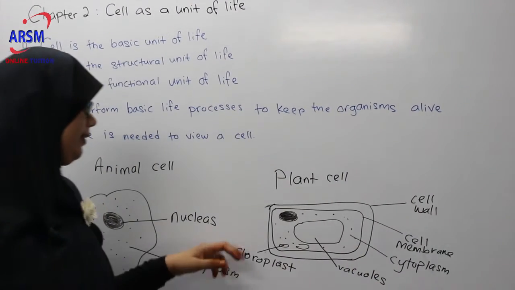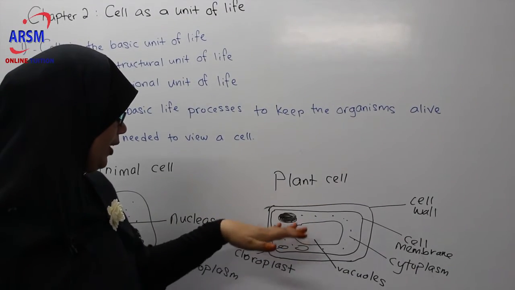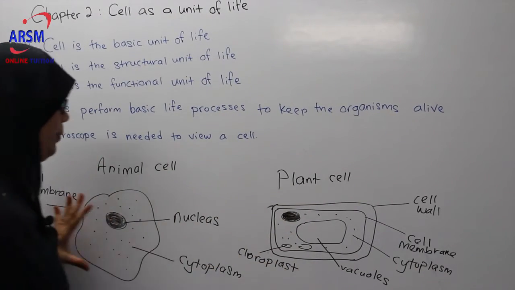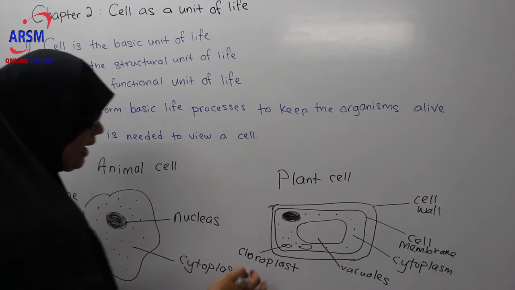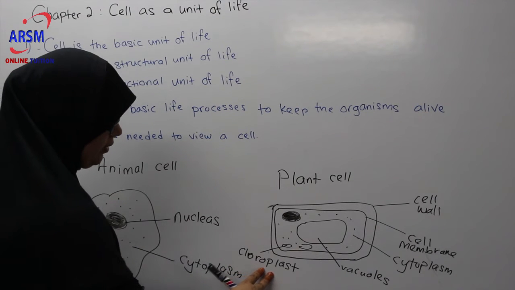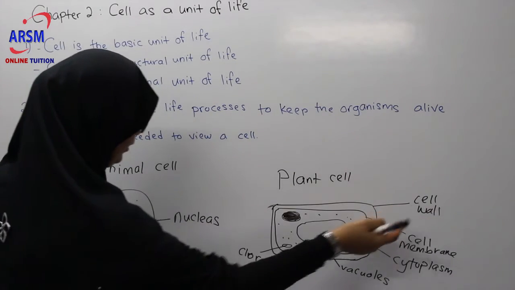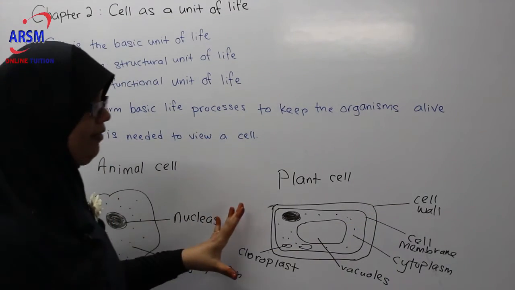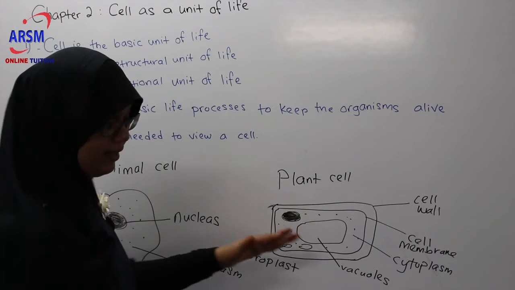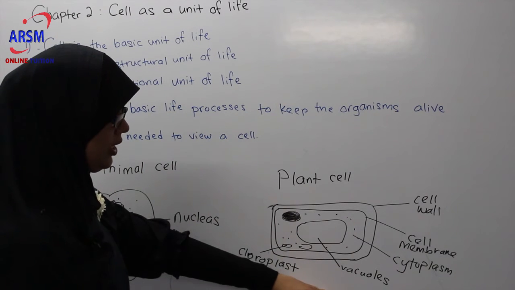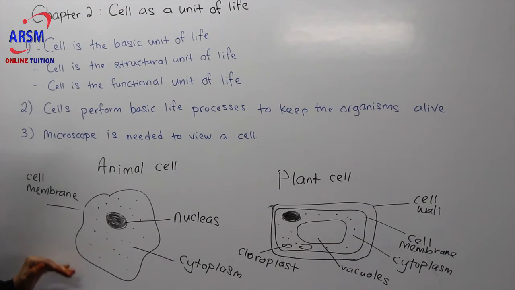These are additional components when we compare with the animal cell. The animal cell doesn't have chloroplasts, vacuoles or a cell wall, but the plant cell does, so there's a big difference. The plant cell has a fixed shape that doesn't change, but the animal cell doesn't have a fixed shape.